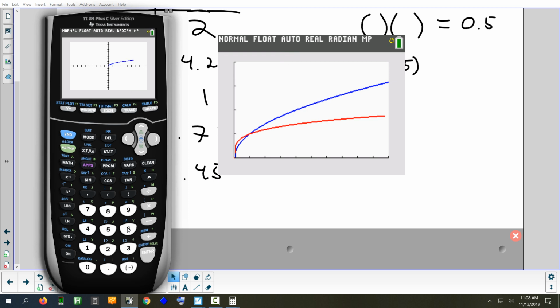These are all in quadrant 1. Okay? So the domain on these is from 0 to infinity. Square roots, fourth roots, can't take the square root of a negative number. So it has to go to the right. All right, anybody notice anything else about the red and the blue graph? Yeah? The red line starts off higher.